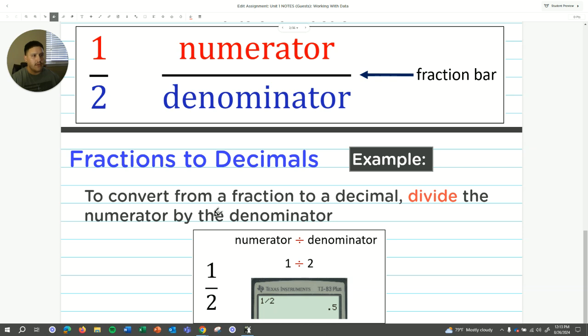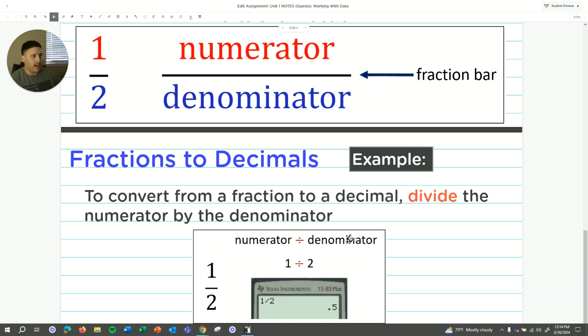To convert from a fraction to a decimal, we simply divide the numerator by the denominator. In the case of 1/2, simply divide those two numbers. 1 divided by 2 will give you 0.5.